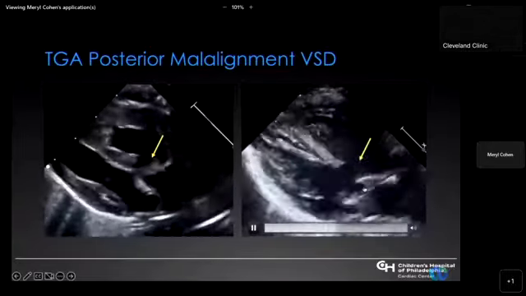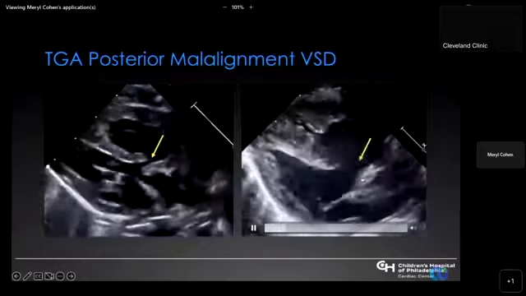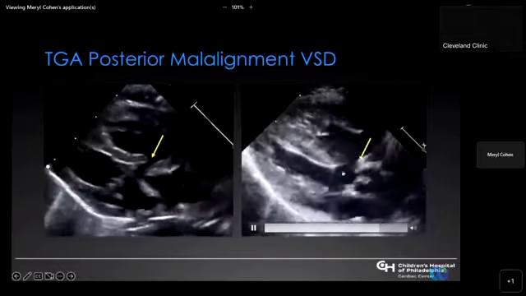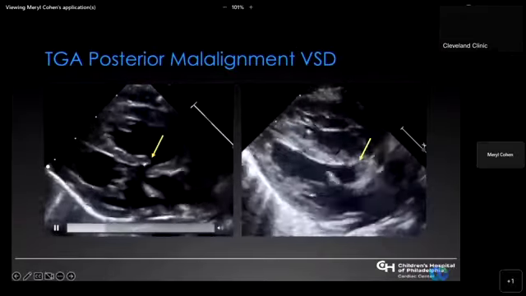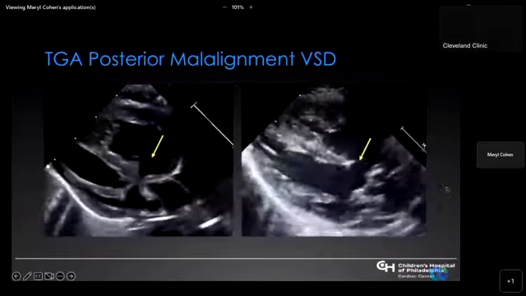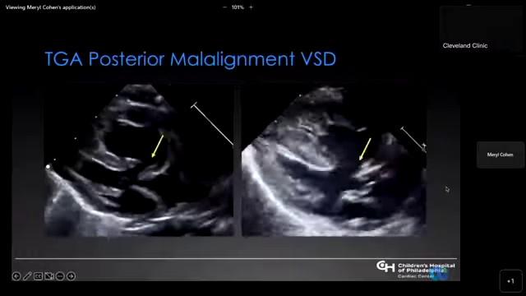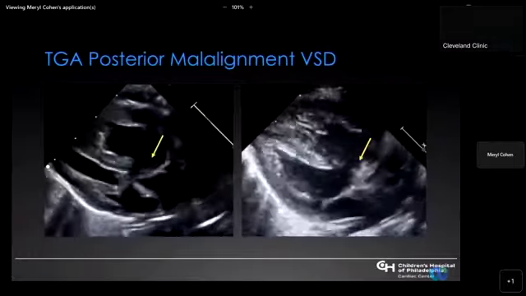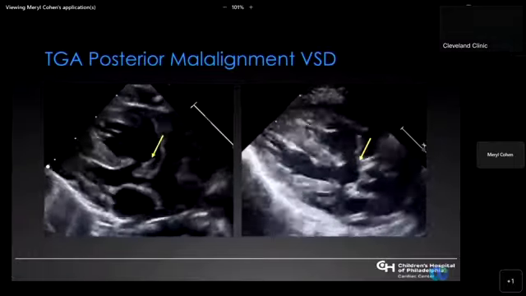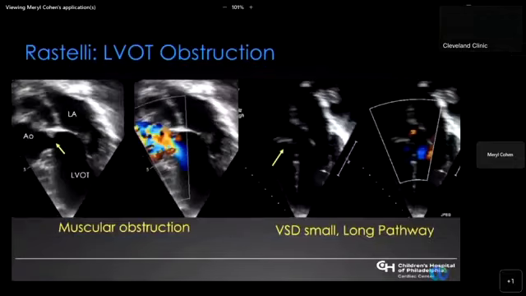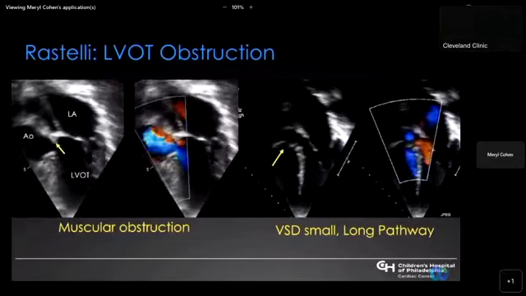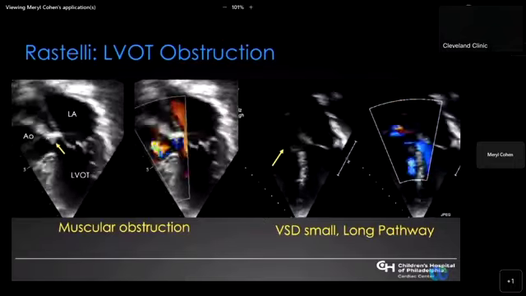And in this example where the hunk of muscle is absent in the malalignment, you can see the VSD is significantly larger. Now, the surgeon can remove this tissue. As Diane said, it doesn't have conduction tissue in it, but still, these may be taken into consideration when you're considering Nikaido versus Rastelli.